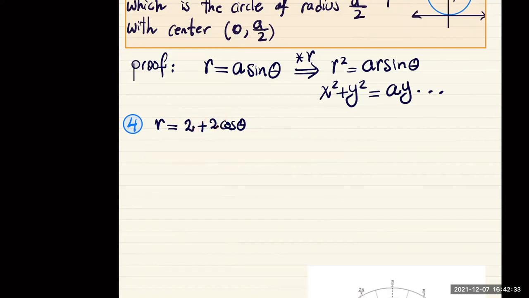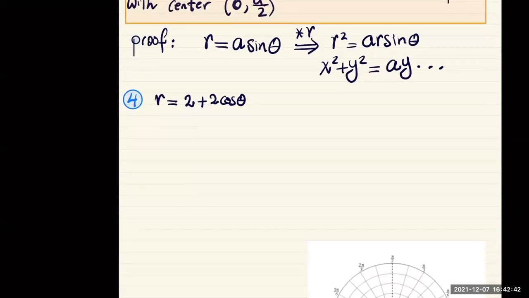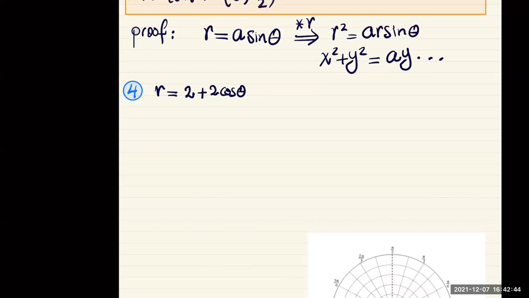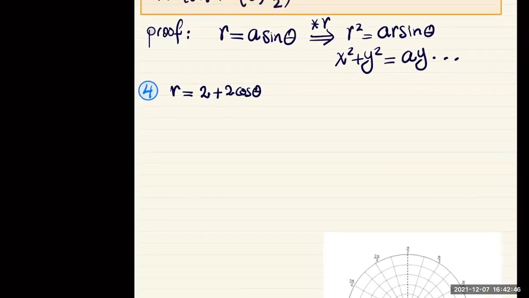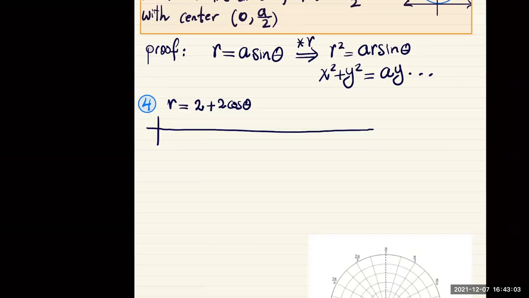So converting into rectangular, it works. We can convert it, but it is hard to identify the graph. Okay, so we're just gonna plot points from 0 to 2 pi.